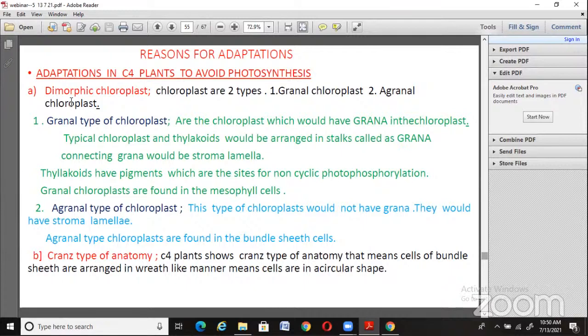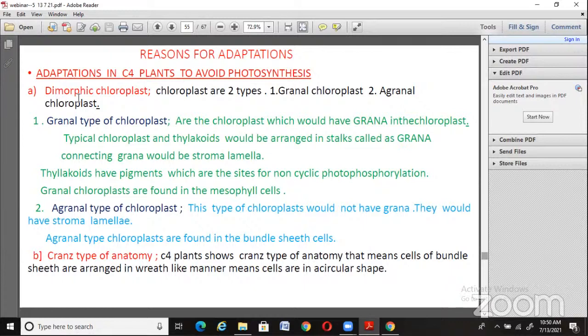Let us discuss dimorphic chloroplast. What is dimorphic? Di means two, morphic means morphologically, and morphologically they show two types of chloroplast.